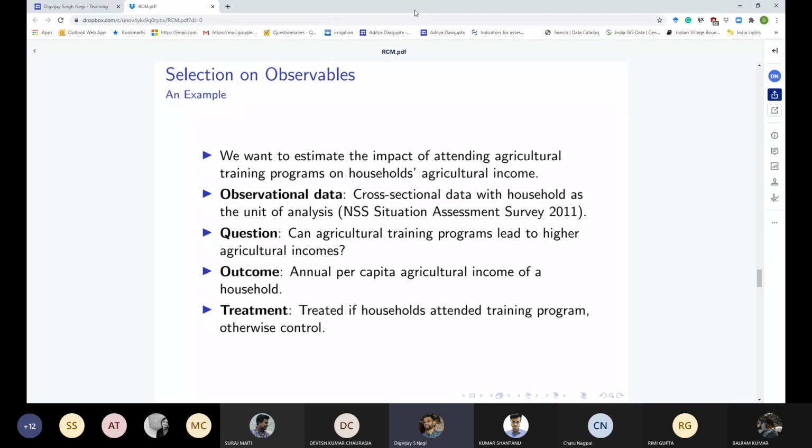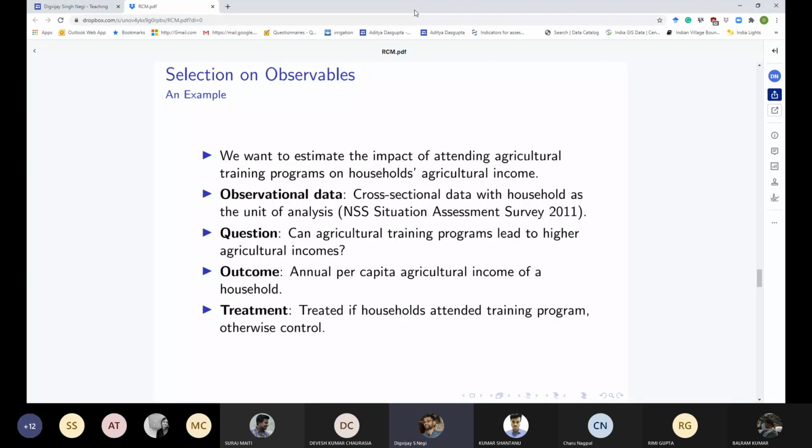So in terms of the Rubin's causal model, the Rubin structure that we had, the unit is i, a farm household. The treatment D_i is 1 if the farm household says that they attended a training program, 0 if the farm household says they didn't attend a training program. The observed outcome Y_i is the annual per capita agricultural income of the household.